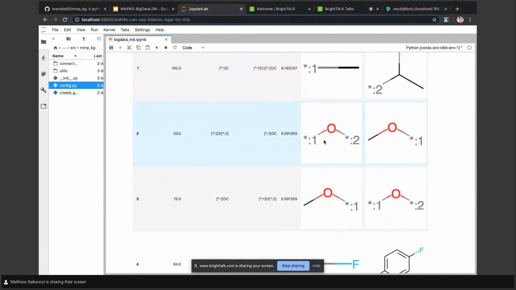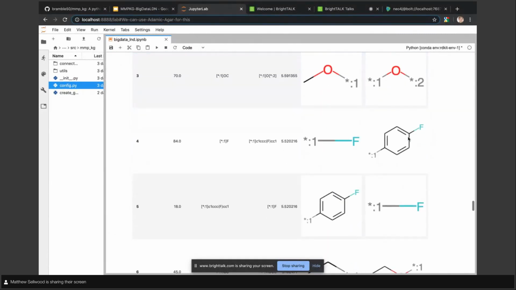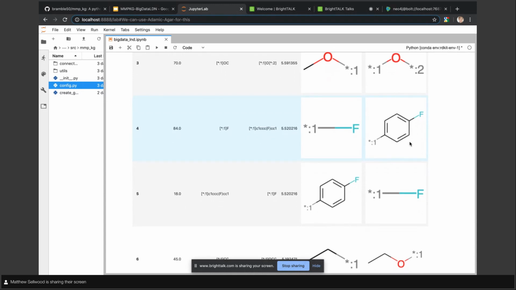Or maybe if I have this, I can swap it for that. Or if I have a fluorine, I might swap it for a para-substituted fluorine on a benzene ring. So it starts to throw up these suggestions that you can start to make in your molecules when you're designing compounds, in terms of things to think about.